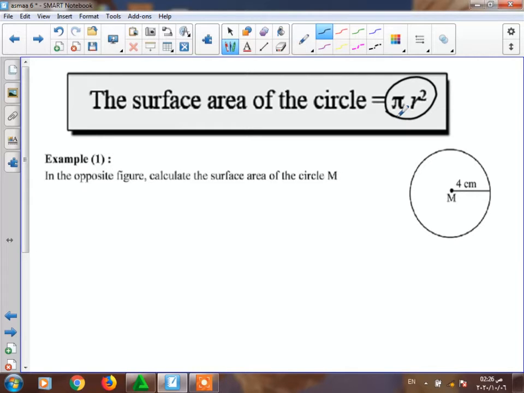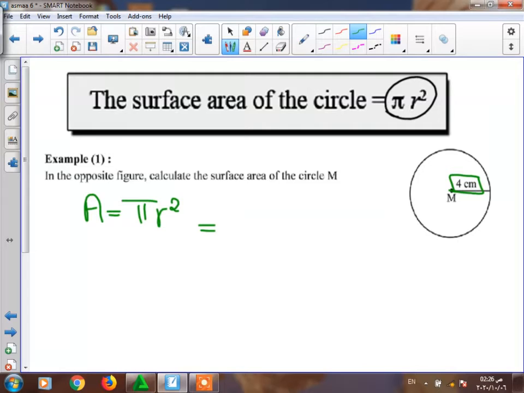Looking into our example here, in the opposite figure, calculate the surface area of the circle M. As we know, the radius here will be 4 centimeters. So, to find the area of the circle, firstly write your rule: area equals pi R to the power 2.